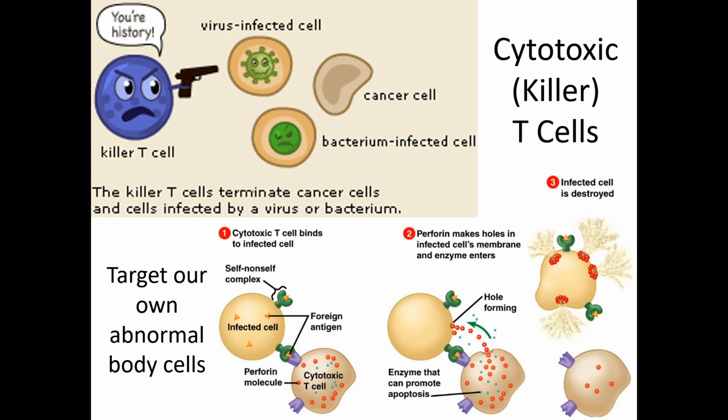If they're abnormal, they will destroy them. In rare cases, some bacteria do go inside our cells and infect us, like is the case with tuberculosis, but usually bacteria stay outside, so we won't worry about that for this class. So cytotoxic T cells destroy our own cells that have been infected with a virus or have become cancerous, and they'll destroy them.